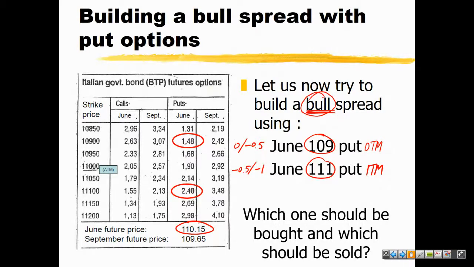Okay? So now think about quickly, if you want an overall positive delta, what do you have to do with the put option with the larger delta in absolute value? Should you buy or sell this one in order to have an overall positive delta? You can answer through the chat.